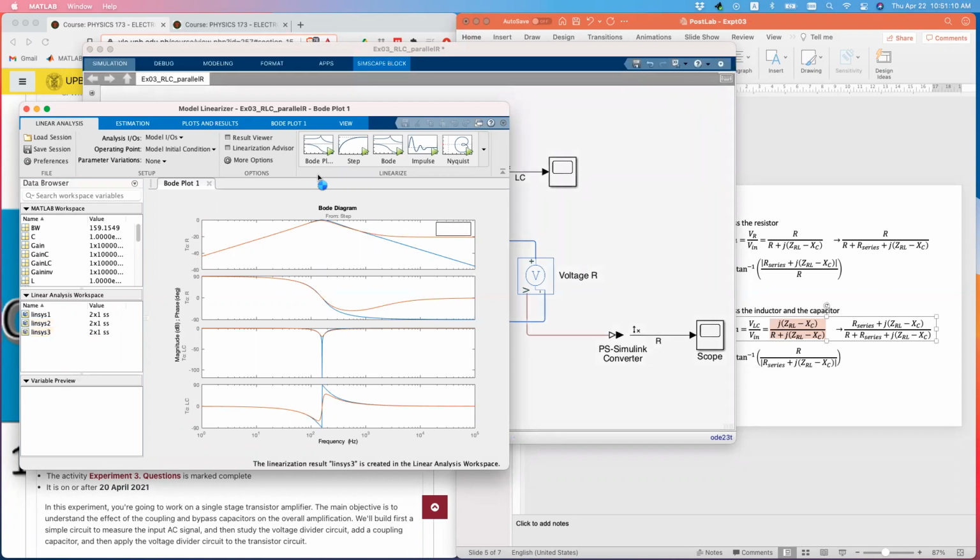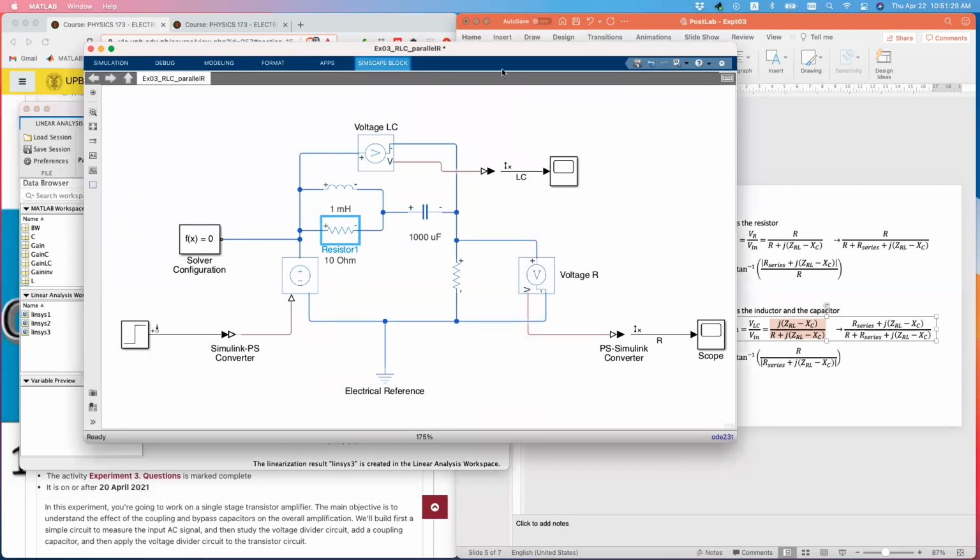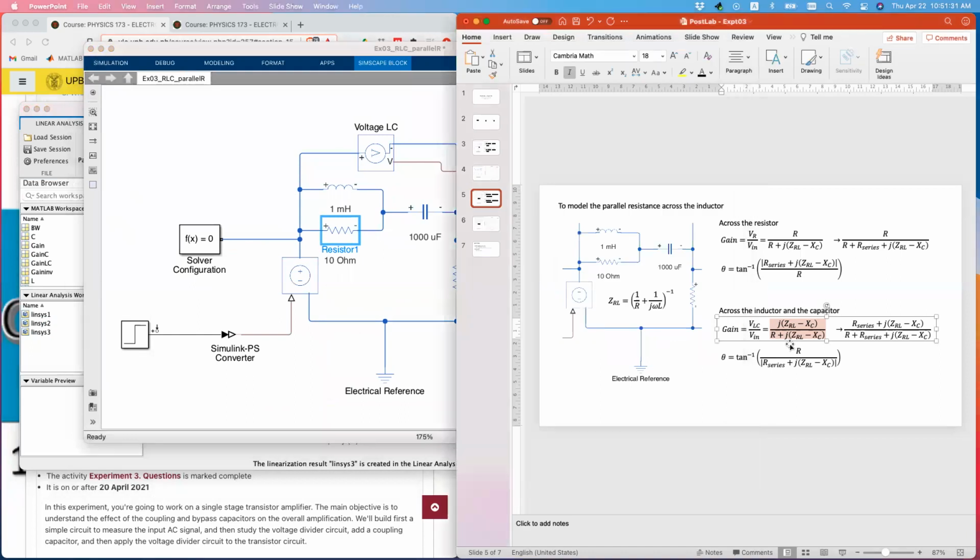Okay, and we see that the yellow curve overlaps with the red curve exactly. So, kita natin na tama yung hypothesis na ginawa natin. The hypothesis was there's a series resistance with the inductance. Okay, so that's how you answer number 10.